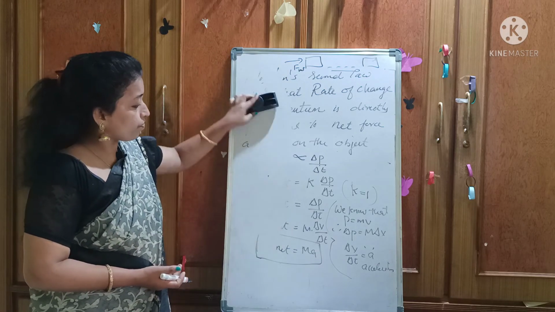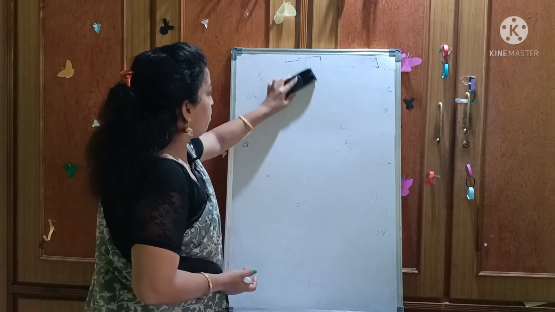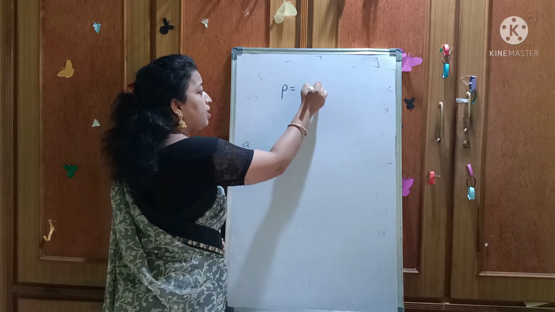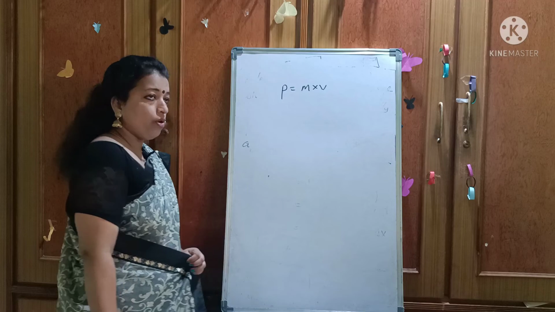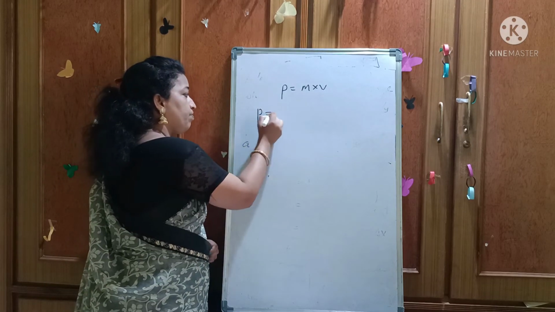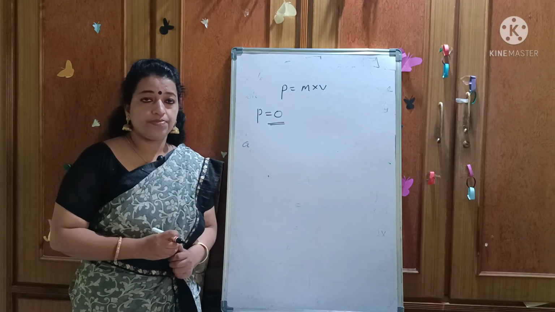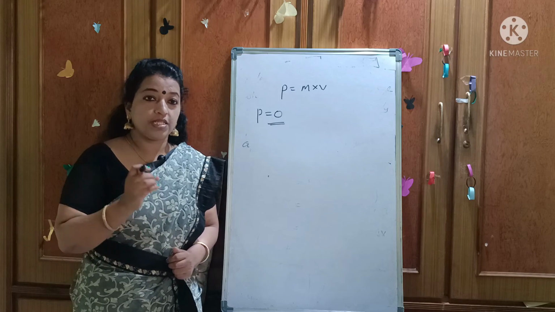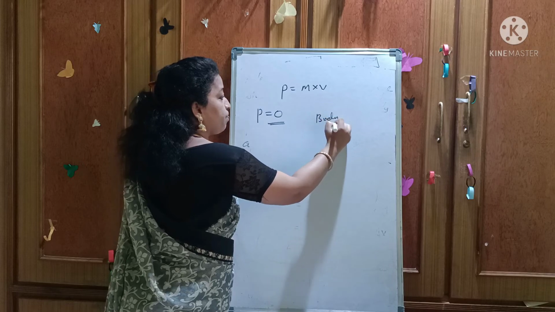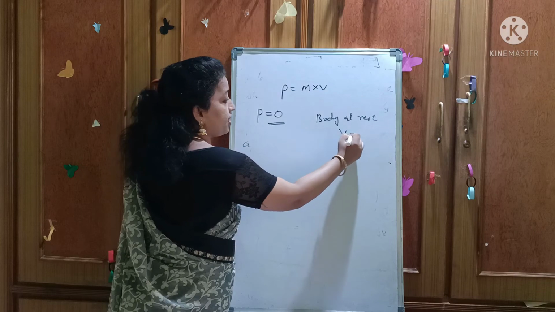One thing I forgot to tell you when I explained momentum. I told you that any moving object has momentum, and momentum is mass into velocity. In any case, can momentum be 0? Yes, momentum can be 0 when the body is at rest. At that time V is equal to 0.